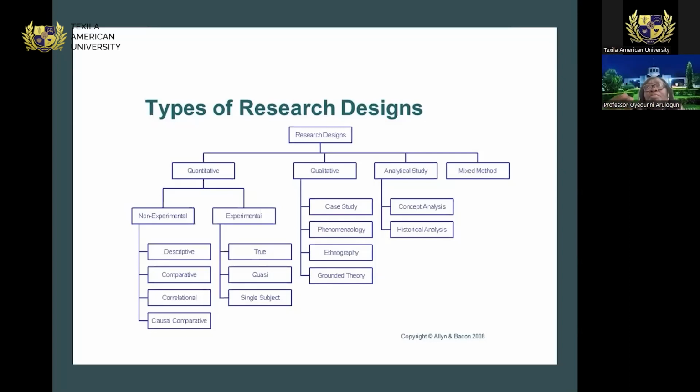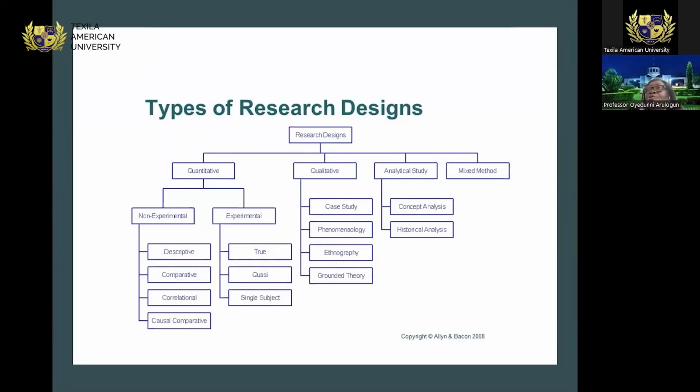A true experimental study is where both the experimental group and the control group are matched, age for age, sex for sex. Now, a quasi-experimental study is one where they are not as strictly matched as you find in the true experiment.